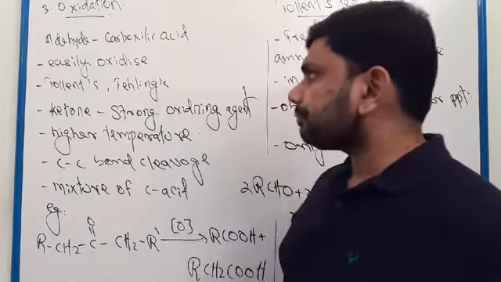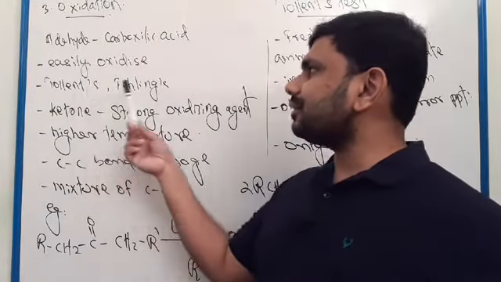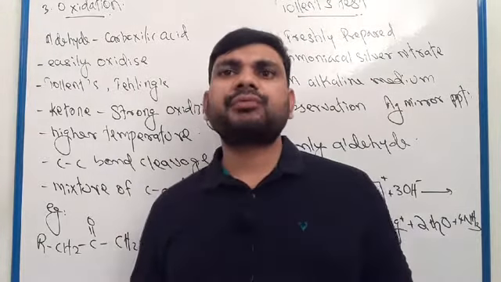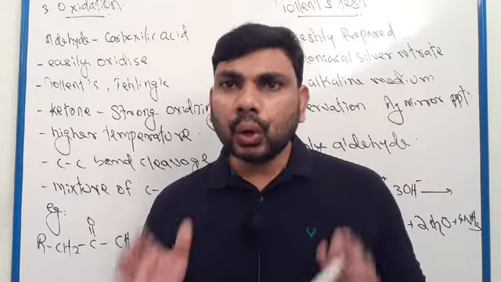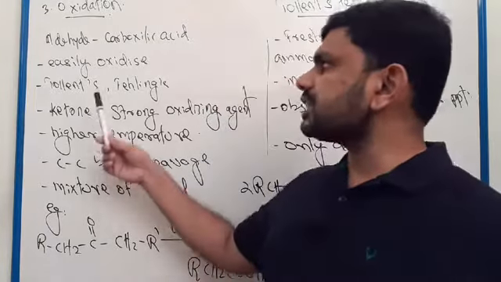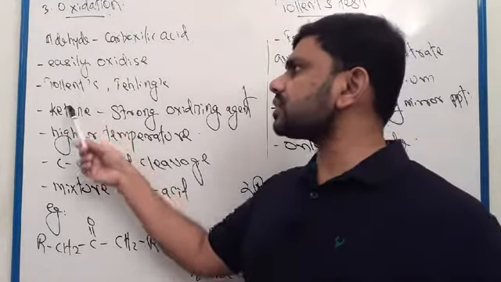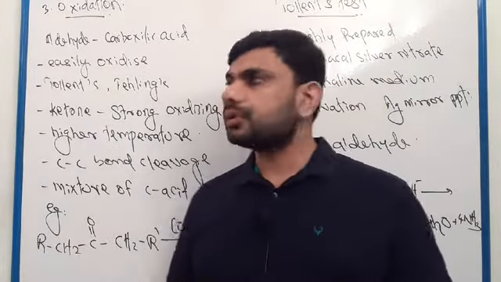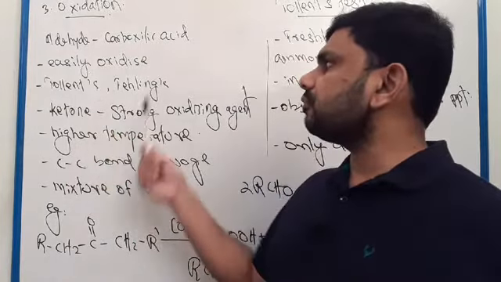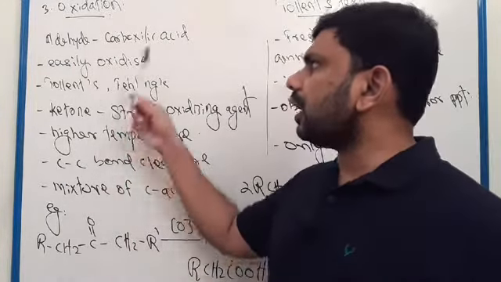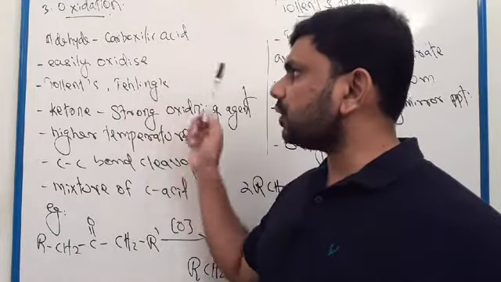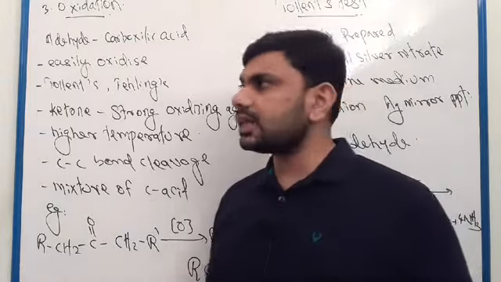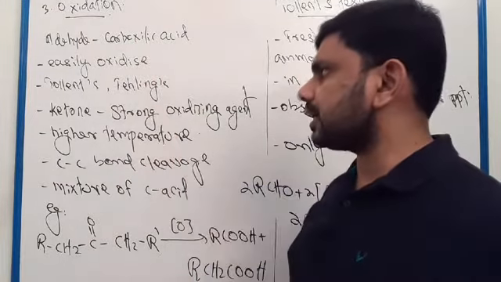Also, the Tollens test and Fehling's test are identification tests for aldehyde and ketone. Only aldehyde gives a positive result with Tollens reagent and Fehling's reagent. Ketone does not give a positive result with them. Aldehyde oxidizes very easily, even with a mild oxidizing agent, giving carboxylic acid.